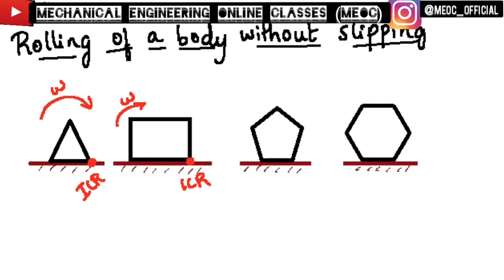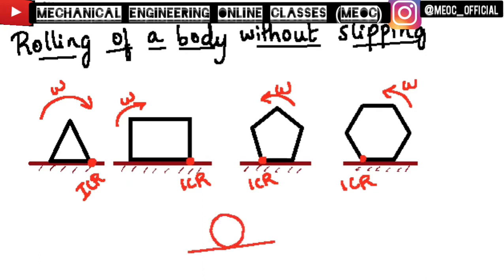In the case of a pentagon, if omega is in this direction, then the tipping will happen at this point. That point is its ICR. And here also, if the object is having an omega in anti-clockwise direction, the tipping will happen at this point, and that point will be its ICR. In general, if there is any circular object rolling on this surface with omega in clockwise direction, then the very point of contact is its ICR.